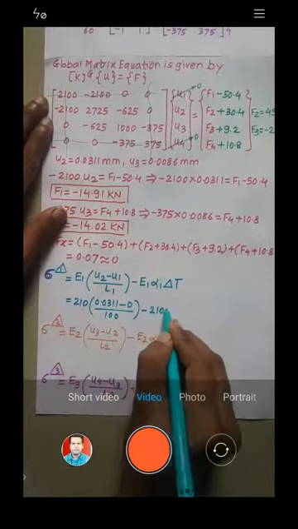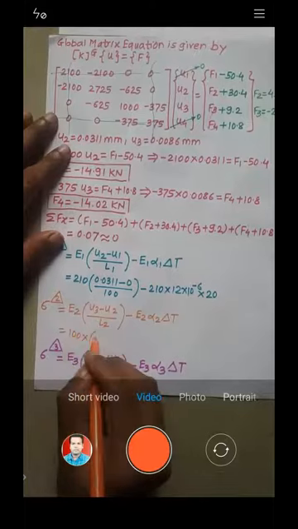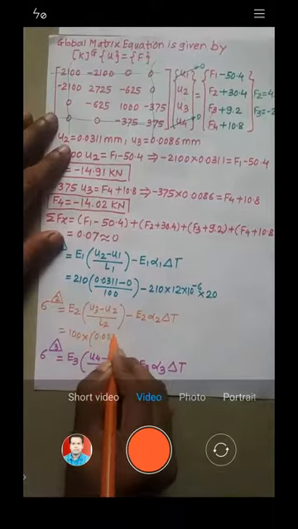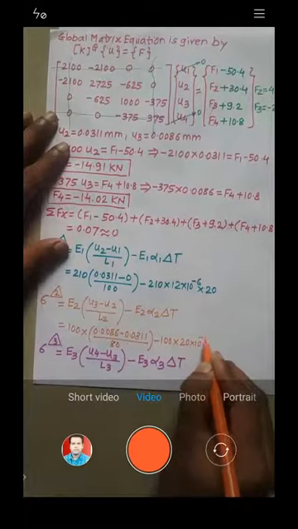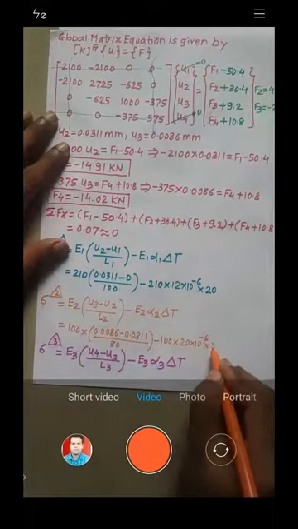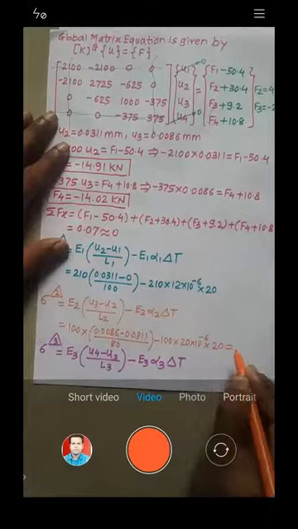Now go for this E2. Value of E2 is 100 into U3. U3 is 0.0086 minus U2 is 0.0311 upon L2, length of element number 2, it's 80, minus E2 is 100 into alpha 2, it's 20 into 10 raised to power minus 6 into delta T is 20. So just calculate this value.